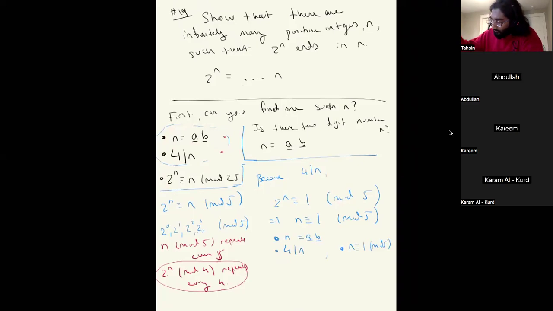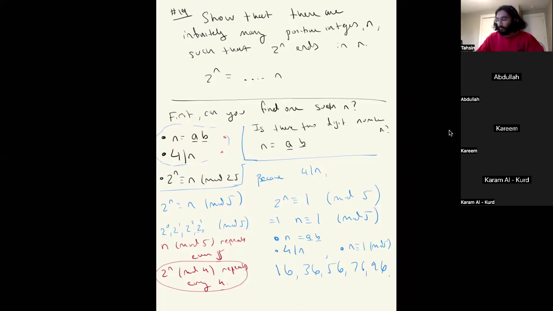The smallest one will be 16, and from there it'll just be increasing by 20. So 16, 36, 56, 76, and 96. These are the only ones that should work.